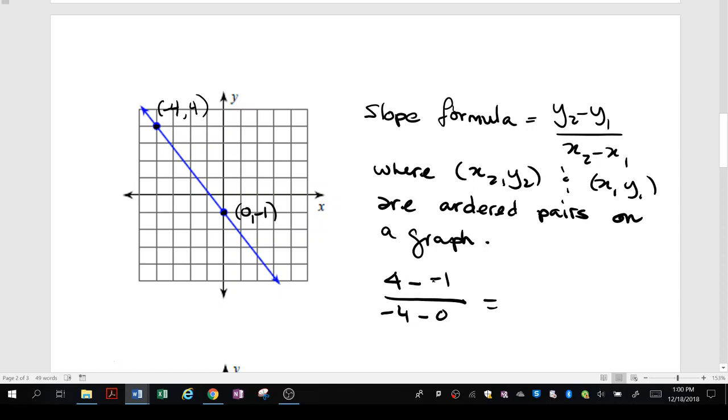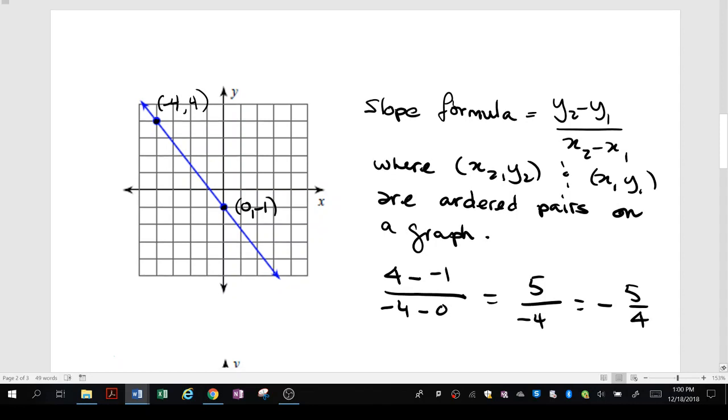So here we have 4 minus -1, or 5, and we're dividing that by -4. So this gives us -5/4 slope.